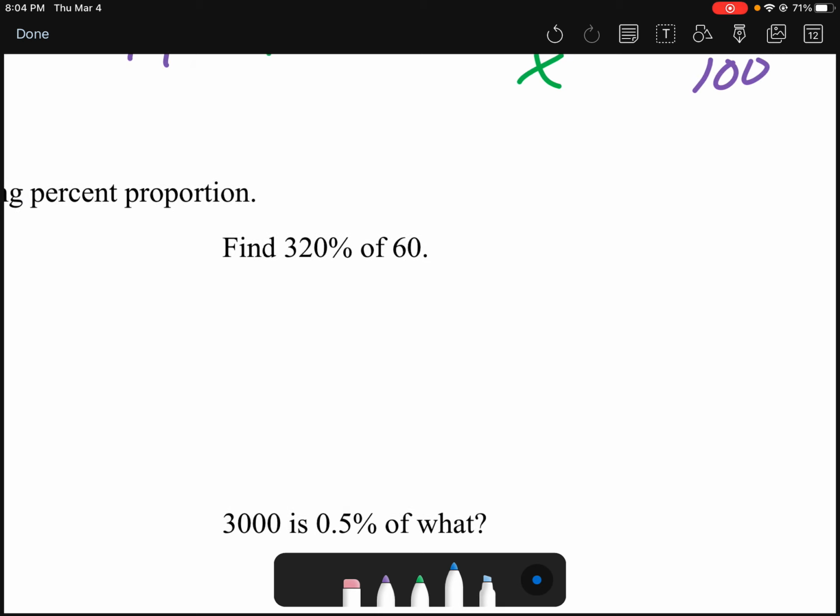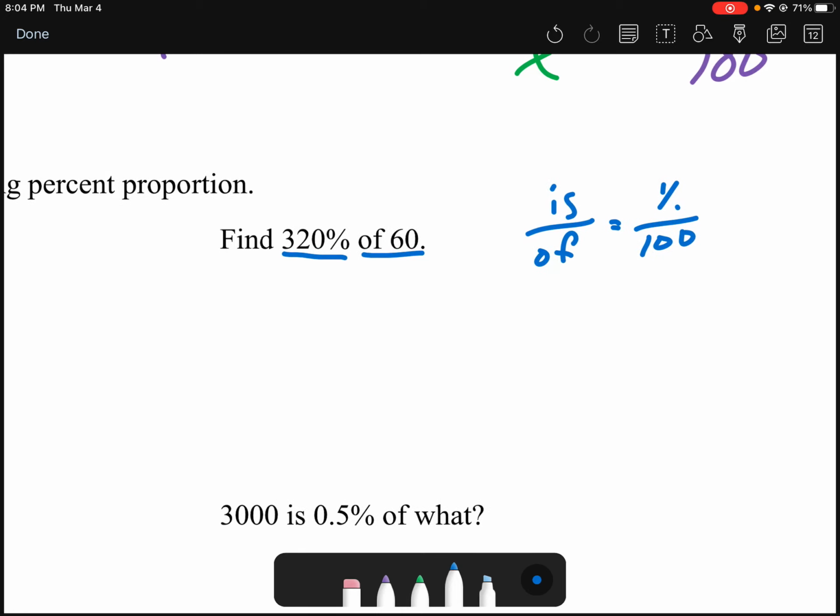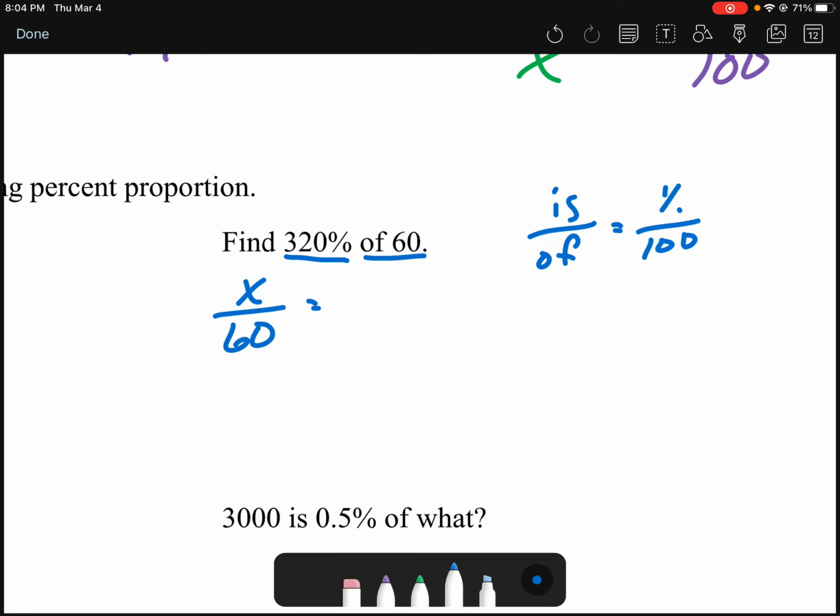For the next one, I need to find 320% of 60. Again, looking at is over of equals percent over 100, I don't see is on here at all. It doesn't say is something, so that's going to be my x. Of, I have of 60, and then my percent is 320.